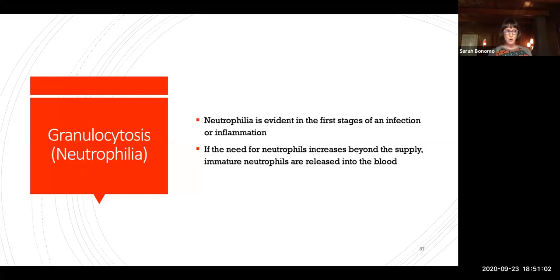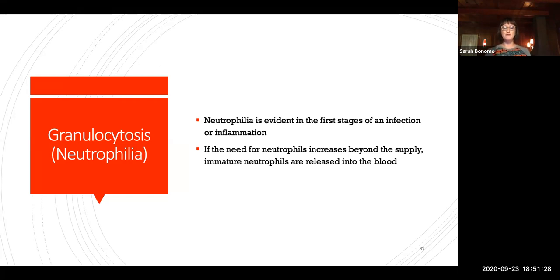Okay, so we're going to talk about granulocytosis and neutrophilia. Remember, granulocytes are the neutrophils, eosinophils, and basophils, right? Basically, neutrophilia is the first evidence that we have of either an infection or an inflammatory process in the body.